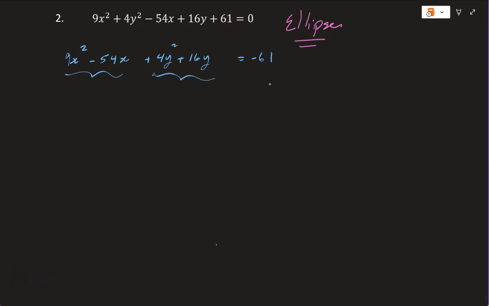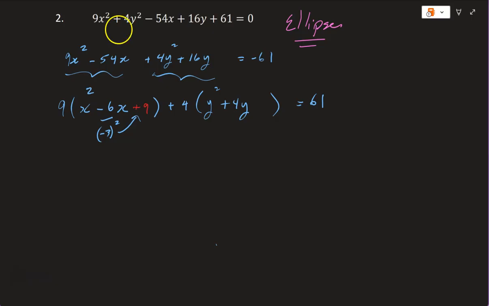So first we have to remove all the coefficients, factor the 9 out of the two terms. You get x squared minus 6x, close the bracket, and then plus, factor 4 out, you get y squared plus 4y, and then equal to 61. And then we go ahead and complete the square. Half of -6 is -3. -3 squared, you plug it back in there, and that will be +9.